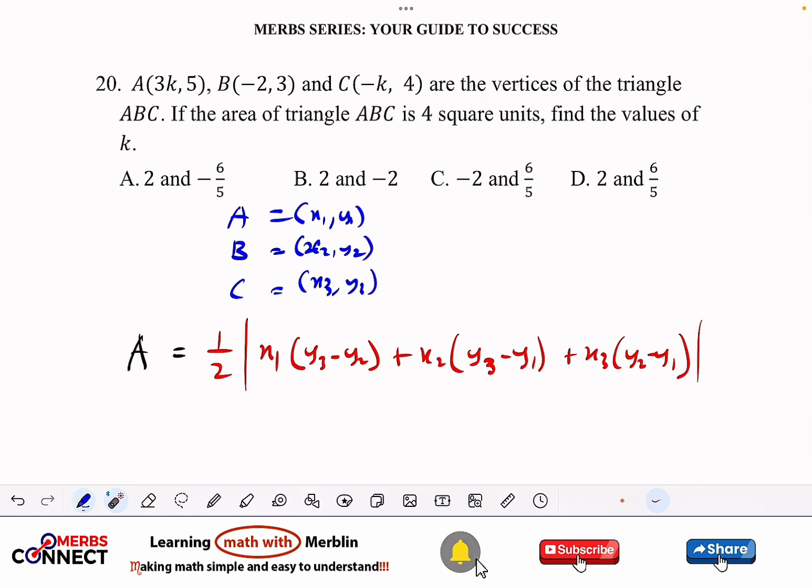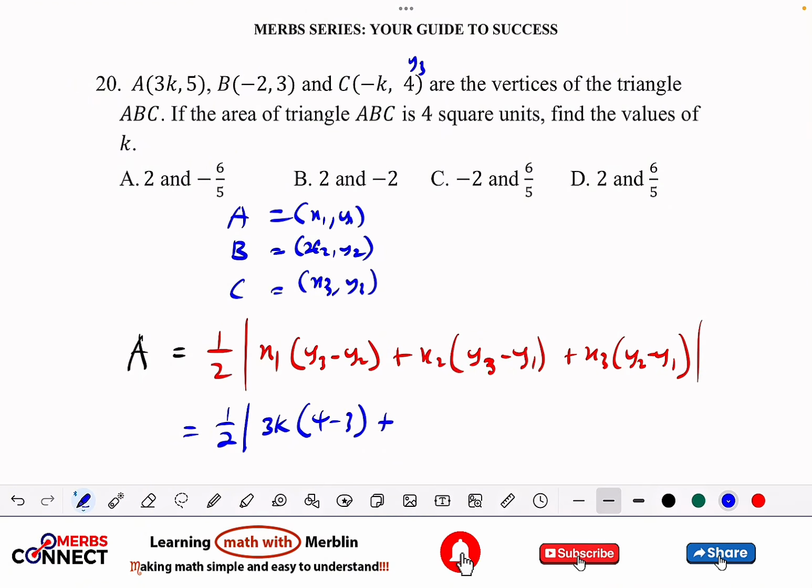So this is what I'm going to get here. So now let's plug them in. I'm going to have 1 over 2 magnitude of, so remember x1, y1 in that order. So I'm going to have 3k, y3 minus y2, so 4 minus 3, plus, so remember this will be y3, y2, y1.